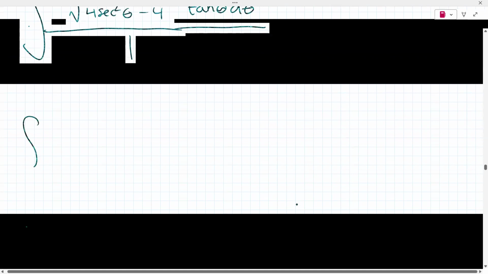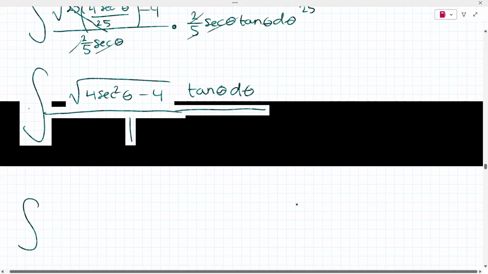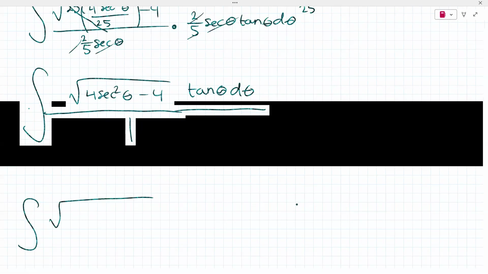So you're going to simplify this. Inside the square root, is there something you can take out? Yes, you can factor out a 4, and then times tan theta.